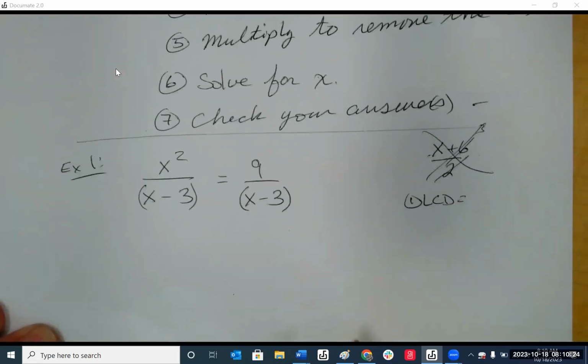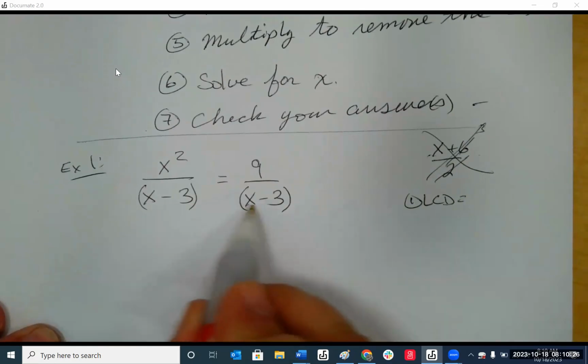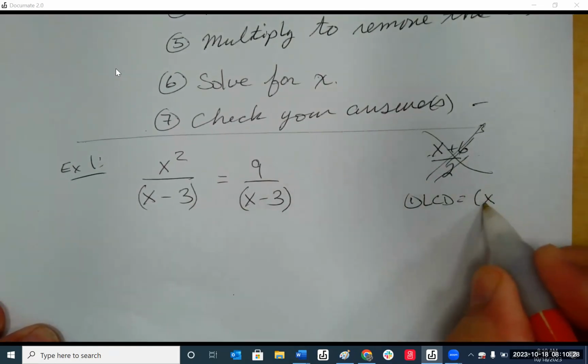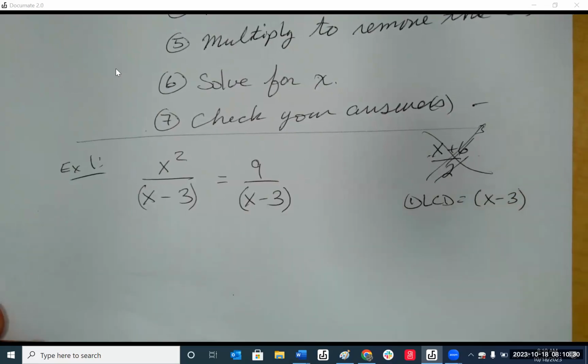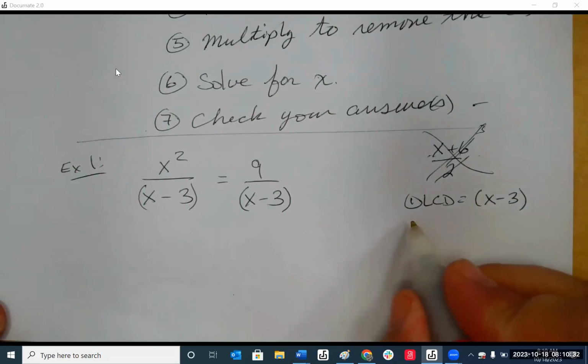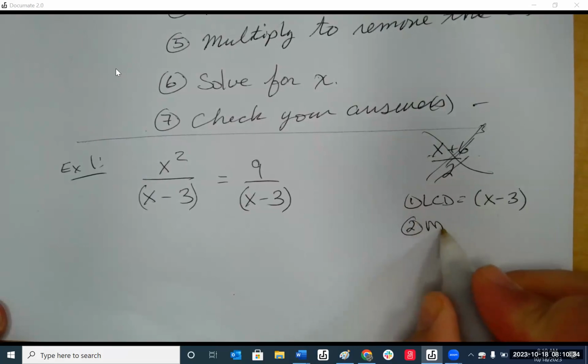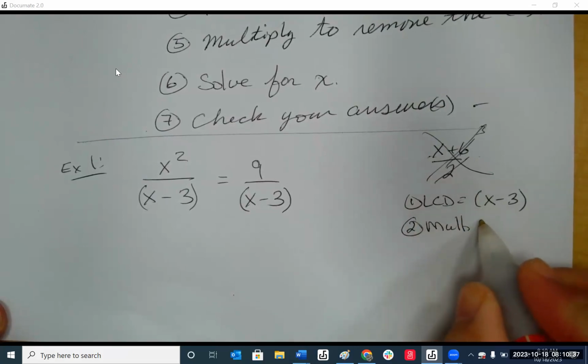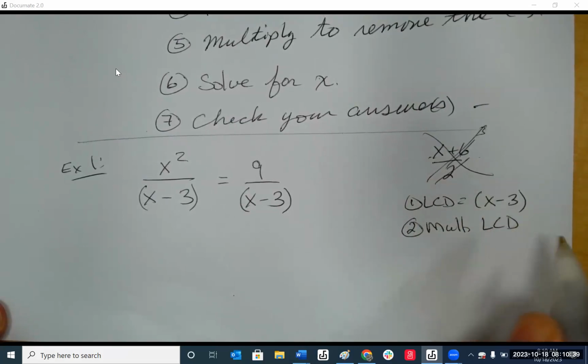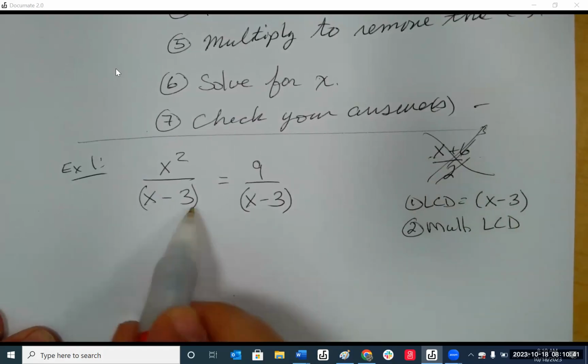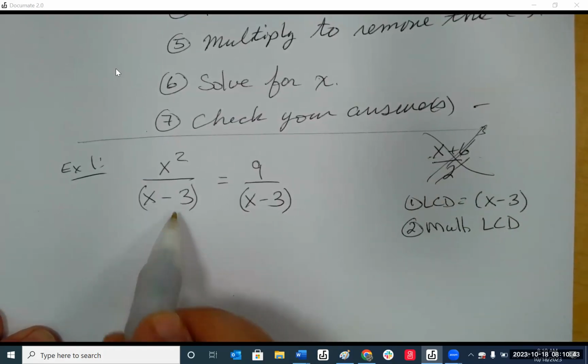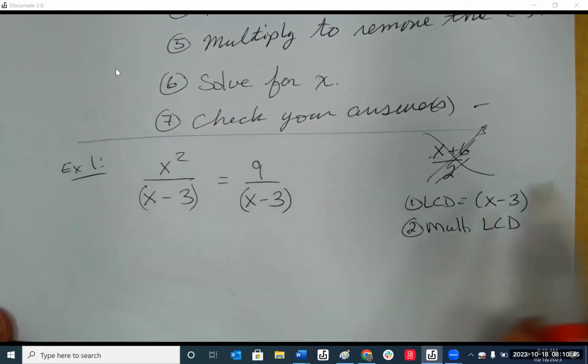So this step one, find the LCD. That's the only denominator. So it's x minus 3. Well, first off, we can't simplify it any further. So x minus 3 is as far as it goes. We found the LCD. Now we multiply.